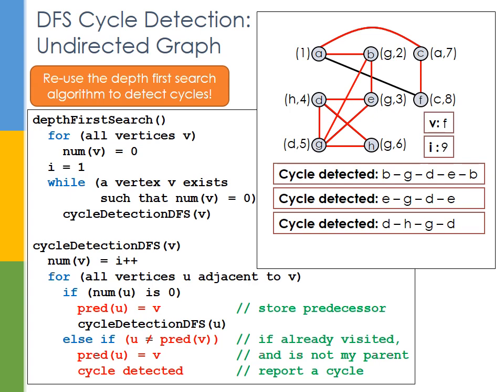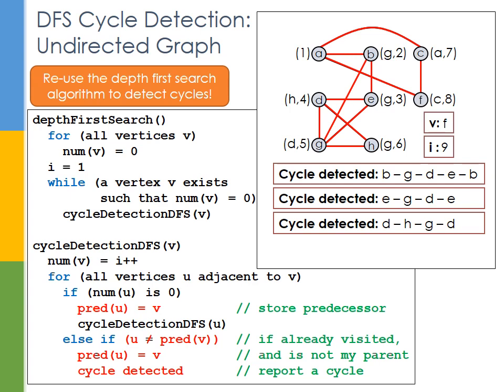We increment i's value to 9, and now we need to once again consider all of the adjacent vertices for vertex F. So again, we ignore the immediate predecessor. We then only need to consider the adjacent vertex A at this point. So that's the vertex that we're considering.